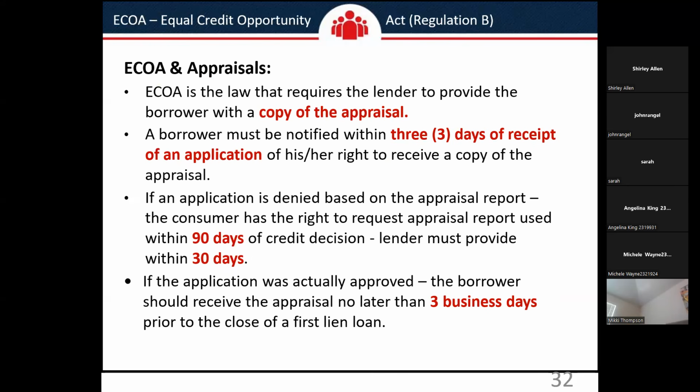However, if the application was actually approved, the borrower should receive the appraisal no later than 3 business days prior to the close of a first lien loan. 3 business days based on ECOA.